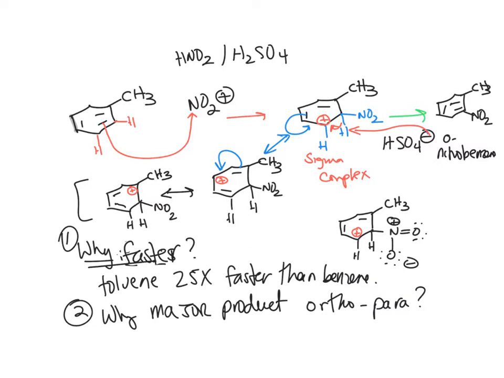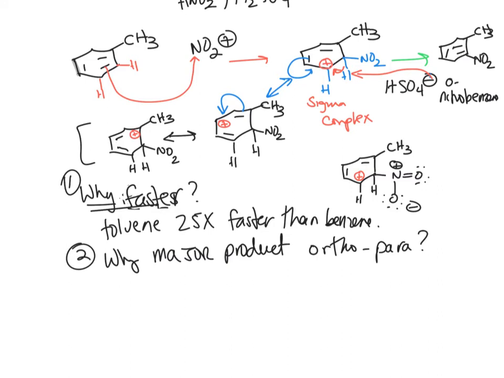And I want to show you an energy diagram, because when you ask why is it faster, you've got to look at the height of your activation energy. So I just want you to see that if you did a reaction coordinate, reaction energy diagram, you would have benzene.